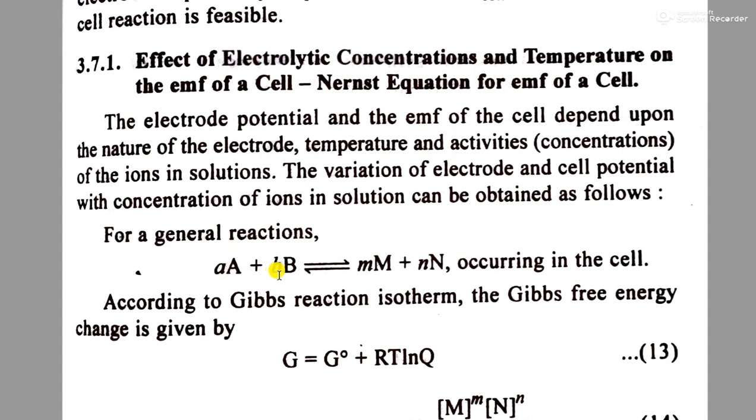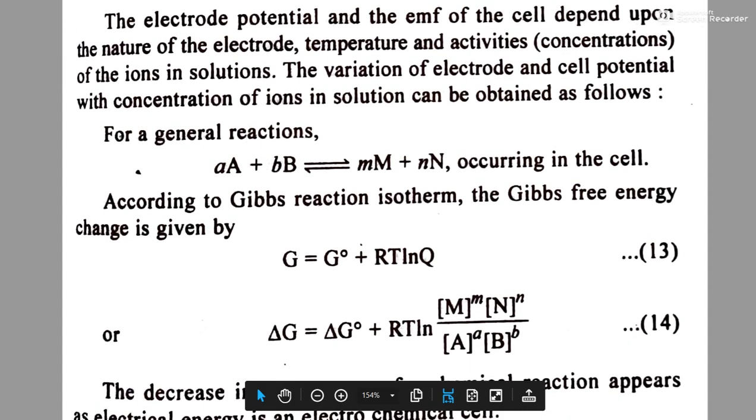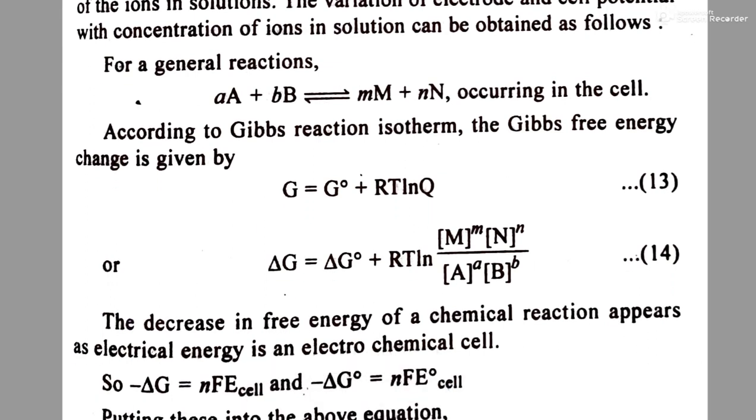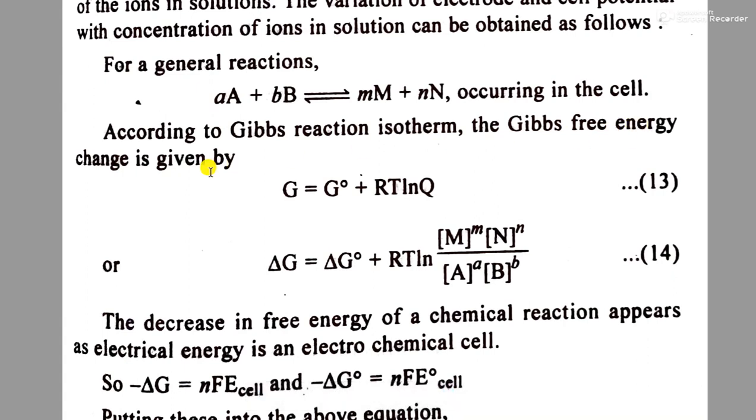A plus B giving M plus N. So this is a general reaction, and we imagine that this type of reaction is occurring in a cell. So according to Gibbs reaction isotherm, the free energy change is given by delta G is equal to delta G0 plus RT ln Q.